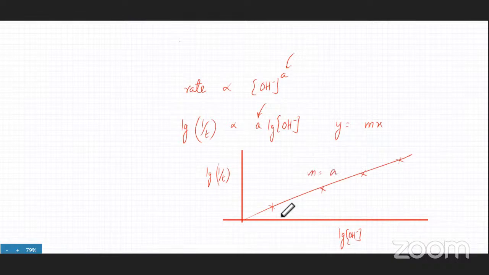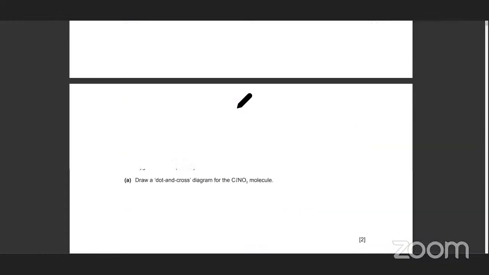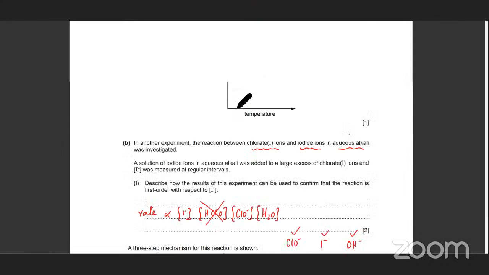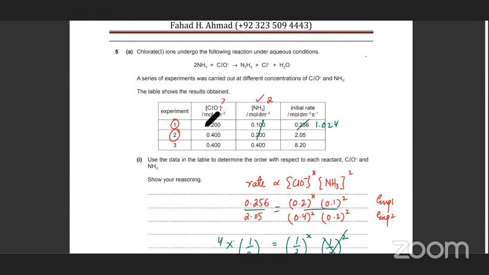जी सर. तो ये भी कर सकते हैं, ठीक है, log of 1/t versus log of OH-, and this one would be more accurate. Now, why would it be more accurate? क्योंकि अच्छा, more accurate compared to this method, इस मेथड से ज्यादा.